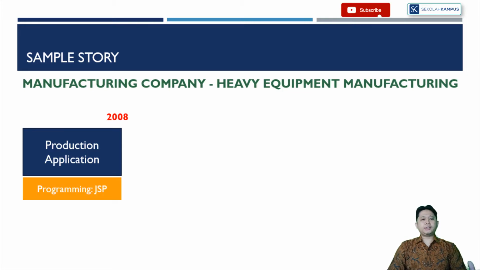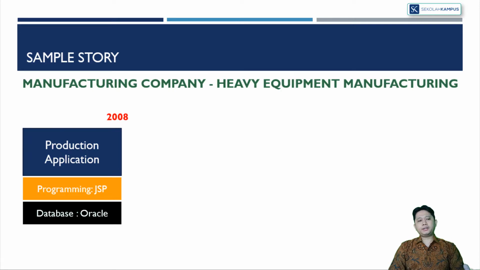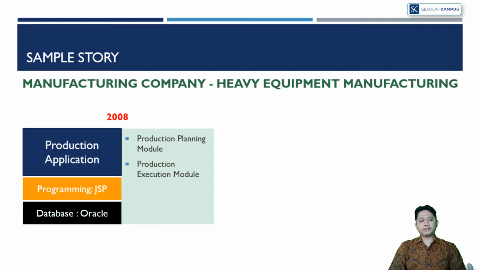The first application was developed in Java, JSP, Java web, and the database is Oracle, since 2008. I will show you some of the modules: the production planning module, the production execution module, and also the work order module.